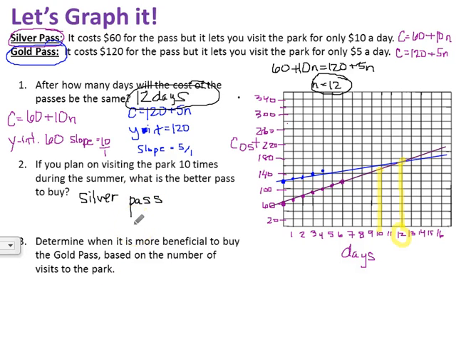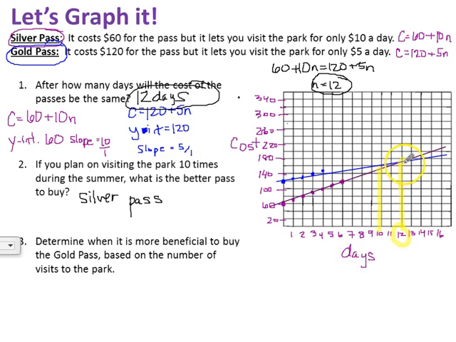So you can see how graphing both those lines on the same coordinate plane makes it easy to determine which is the better deal. And then it says determine when it's beneficial to buy the gold pass based on the number of visits. Well, let's look at our two graphs right here. We know that after 12 days, we're going to pay the same amount.